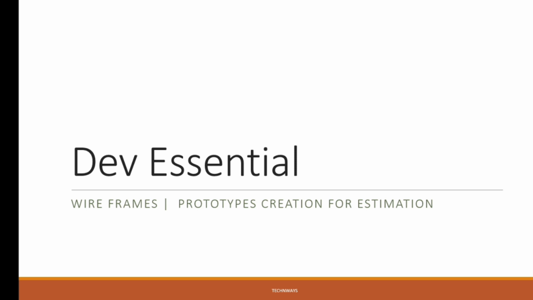If a development team is involved, before doing an actual estimation, they can create a wireframe, some prototype of the application, and approach the product owner, or whoever is the owner of the application, with that prototype.